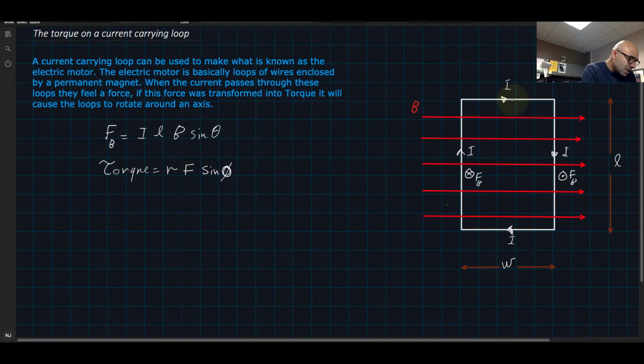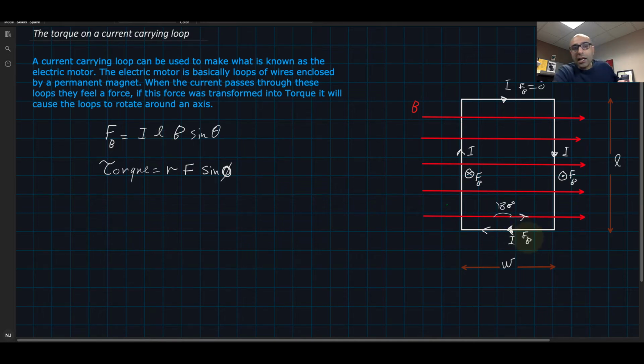Sine 0 is 0, so the force coming from here will be 0. And here, what do you think the force is going to be? The current is going this direction, and the magnetic field is going the other direction. The angle between the two is 180 degrees. Sine 180 is also 0, so the force here will also be 0.